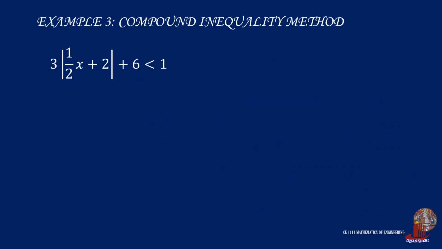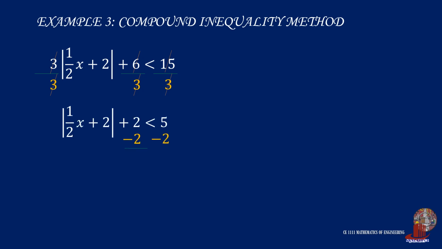With the compound inequality method, the procedure still starts by simplifying the inequality, and that is through dividing it by 3, which gives the absolute value of half of x plus 2 is less than 5. Then, subtract 2 on both sides to have the absolute value of 1/2 x plus 2 is less than 3.